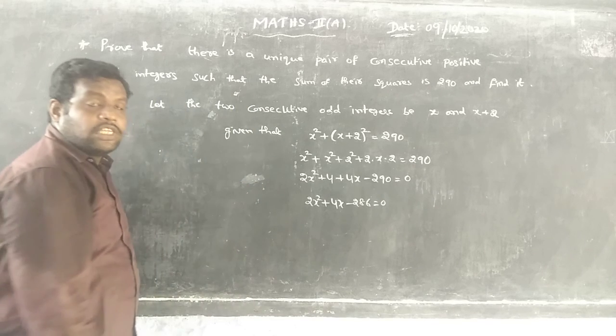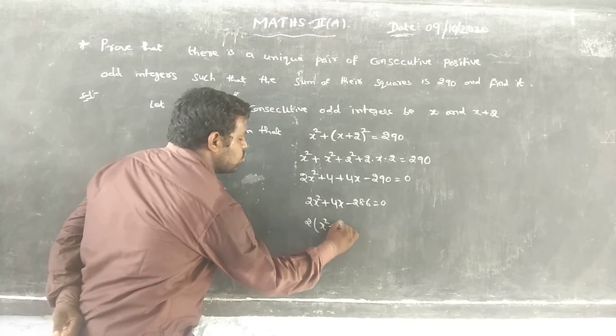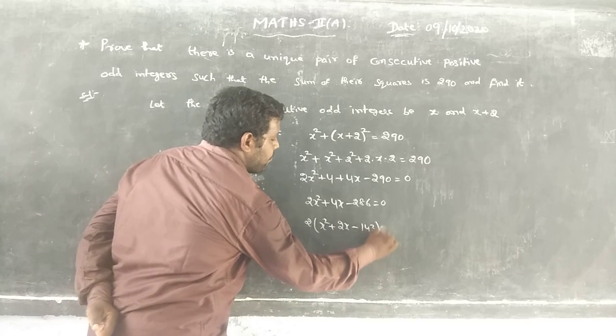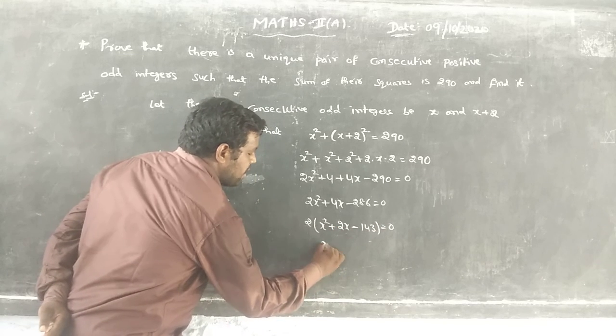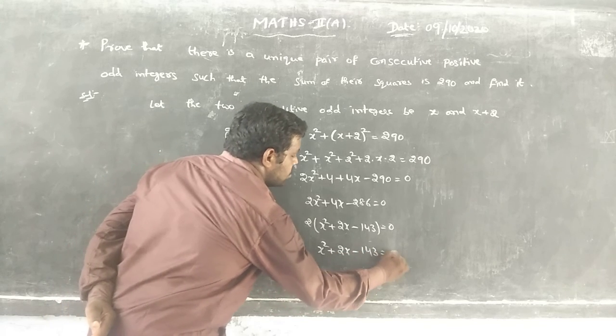In this equation, 2 is the common term. So x square plus 2x minus 143 is equal to 0.